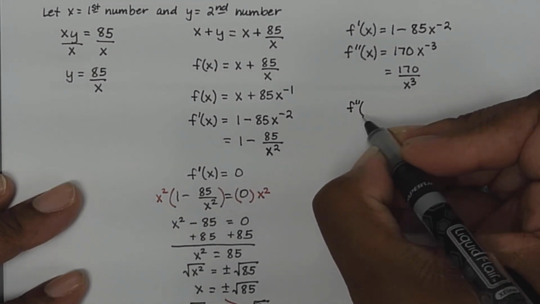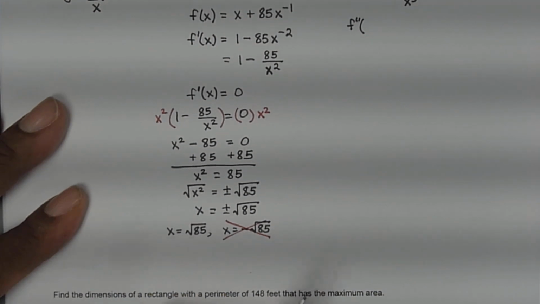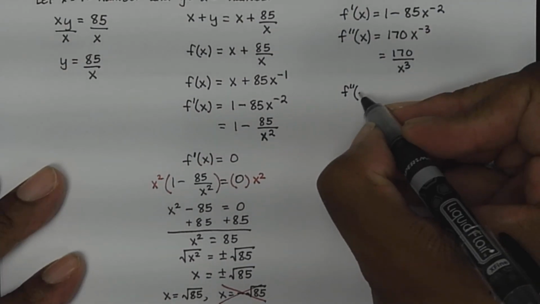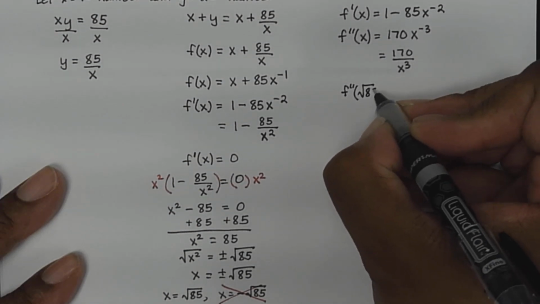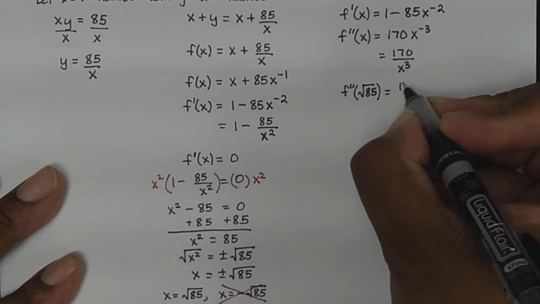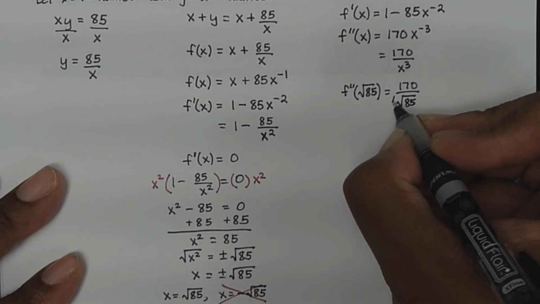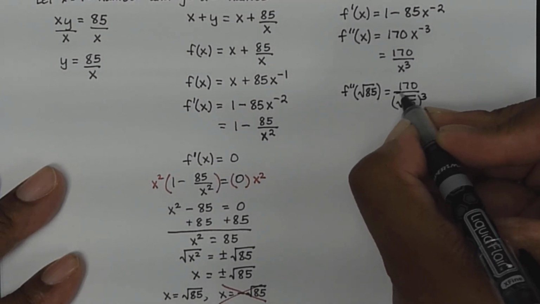And then substitute, since x is equal to the square root of 85, I can just substitute that x with the square root of 85. So this is 170 over the square root of 85, and that's cubed.